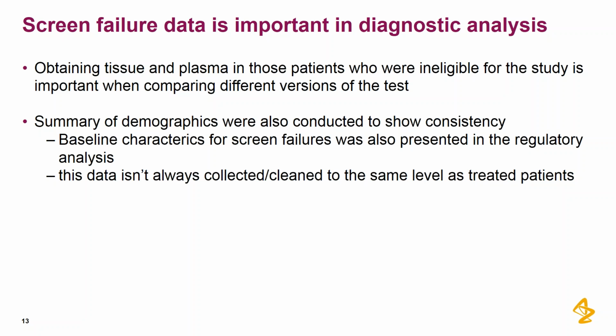And so the baseline characteristics for those screen failures were also important here. And whilst that data isn't always collected, or maybe even always cleaned to the same level as the treated patients, if you are looking at doing some diagnostic analysis, that would be one other consideration that would be useful to add.